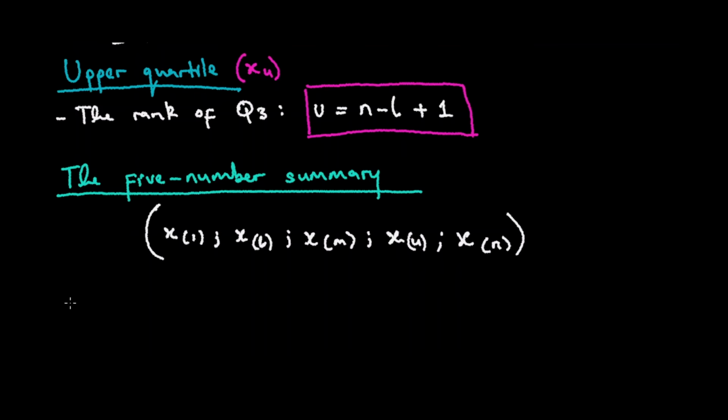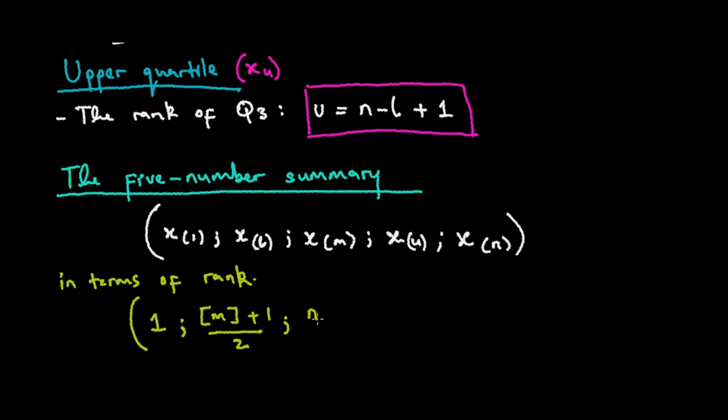This is it. So if we come here and say in terms of rank, we want to write the rank formulas. You are going to appreciate that the rank of x1 is 1. And the lower quartile, what is its rank? For the lower quartile, the rank is boxed m, remember, plus 1 over 2.